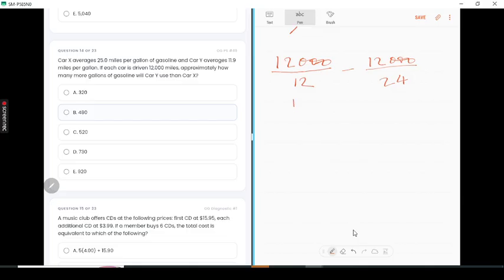But right now, this is 1,000, which is supposed to have been higher, and this is 500, which is supposed to have been lower, because we're supposed to have divided by 25. But right now we have 5,000. That means we are going to look for the answer. Instead of going for 480, we are going for 520 because the answer should have been higher. You can also use your calculator to work it out. You will get a number that is very close to 520.